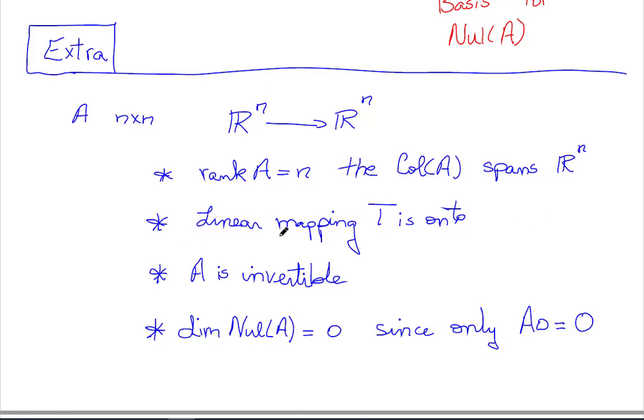So again, this notion about the linear mapping is onto. If all of this is true, that A has full rank, A is invertible, and the dimension of the null space is 0 because it only has the 0 vector in it.